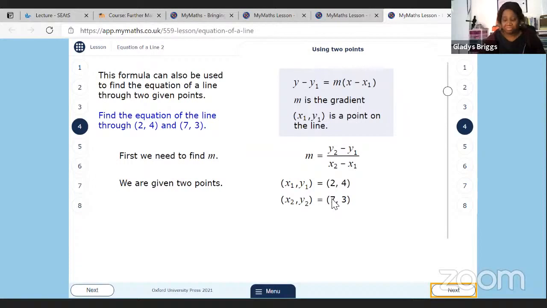Okay. Okay, so now you need to put that information in to find the gradient. m is equal to y2 minus y1, yeah? Like we did yesterday, 3 minus 4 over x2 minus x1, 7 minus 2. That's going to give you negative 1/5, yeah?